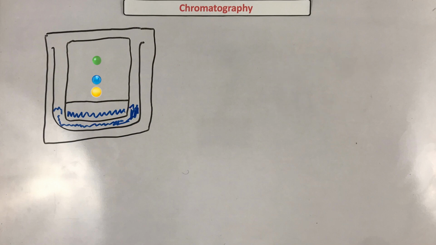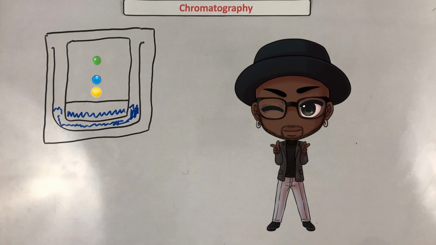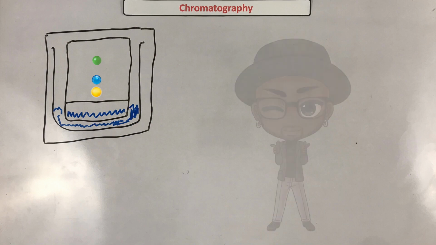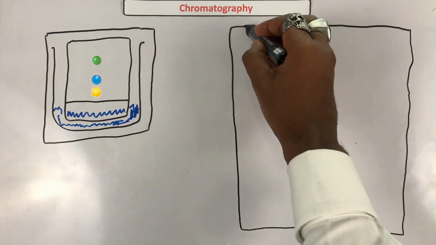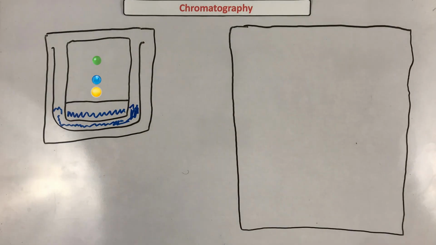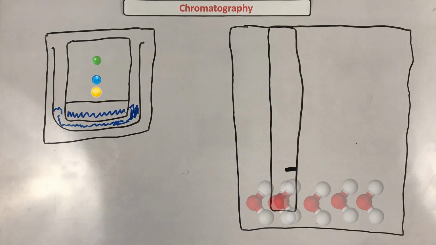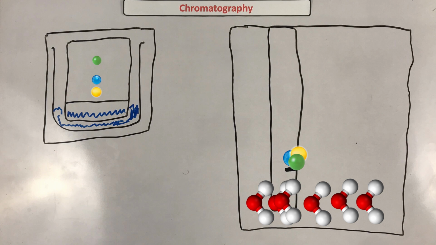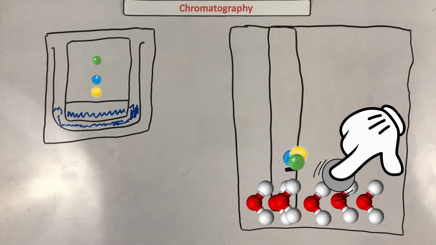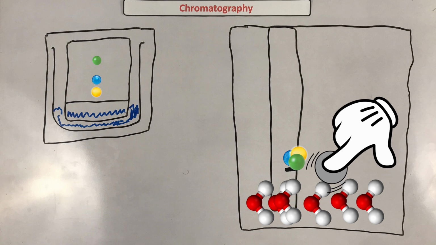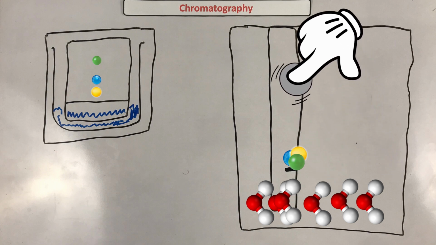If you're wondering why the dyes separate in the first place, let's first put ourselves inside the mixture of dyes. Due to the differences in their chemical structures, the different dyes have a greater attraction to either the mobile phase, which is our solvent, or the stationary phase, which is the paper.